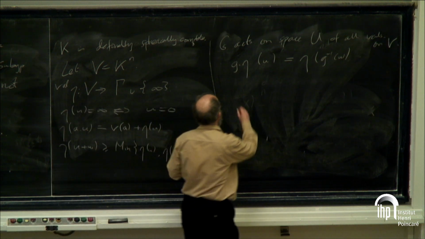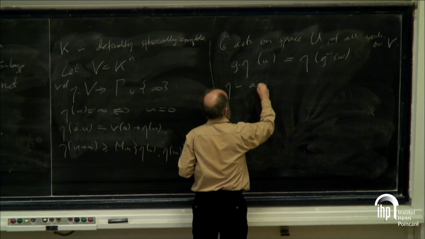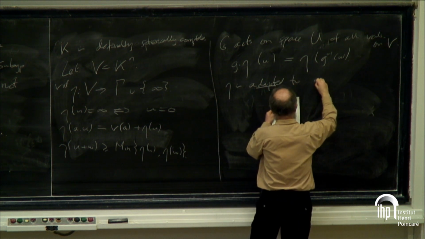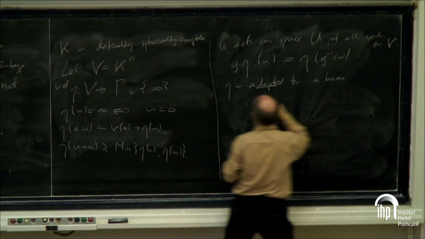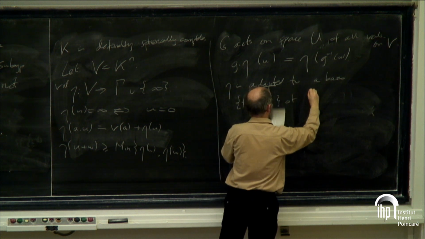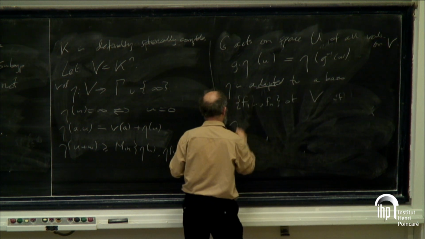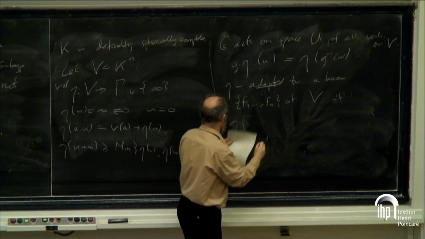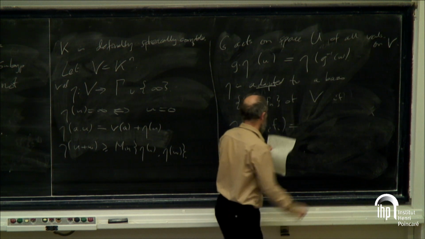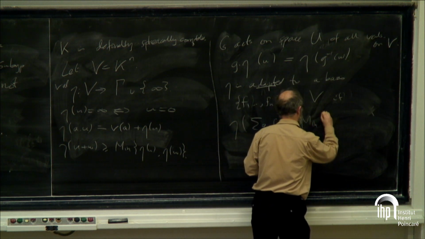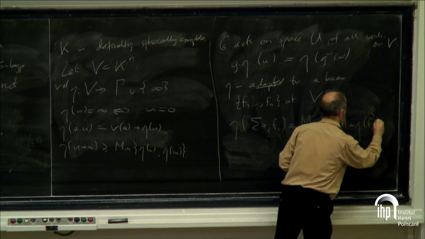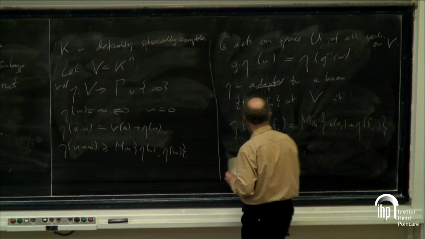So we'd say that eta is adapted to a basis, say f_1 to f_n of V, if eta of any linear combination of the f_i's, so eta of any expression sigma a_i f_i, is just equal to the obvious min of the values of a_i plus eta of f_i. That's a good notion of it being adapted to a basis.